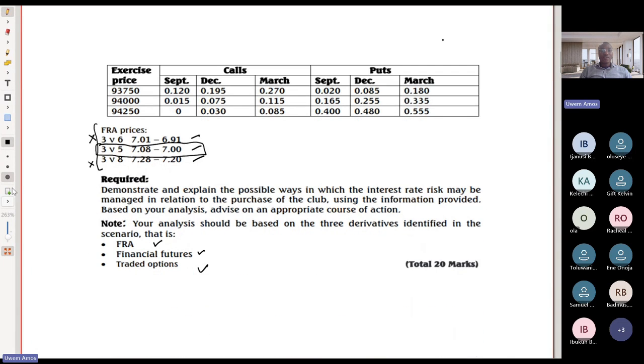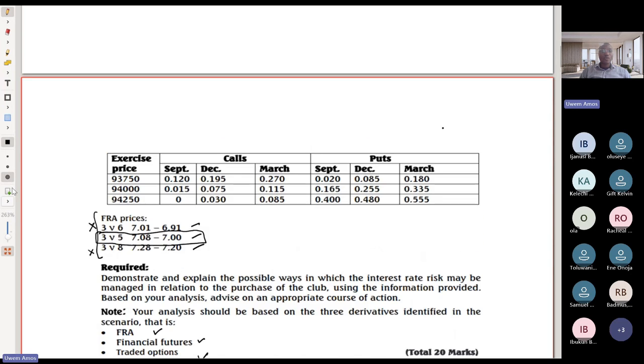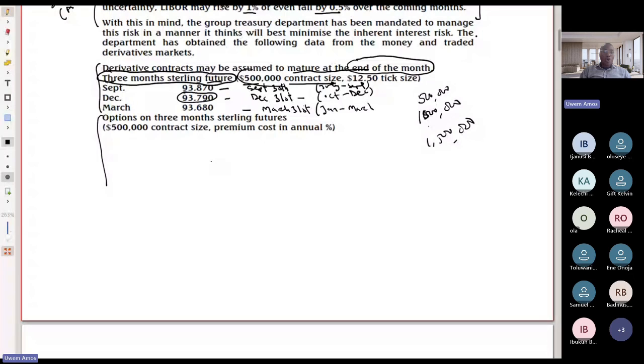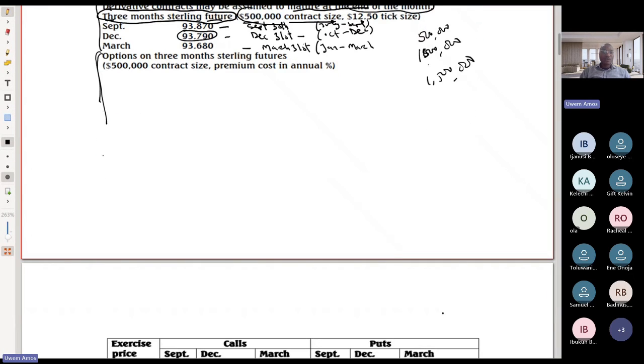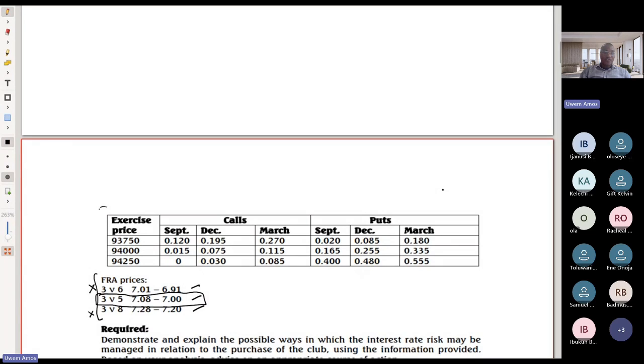So this part of the question, we're looking at options. This part of the question from here down to here speaks on options. So we're going to be looking more at that part. So let's get right into it.